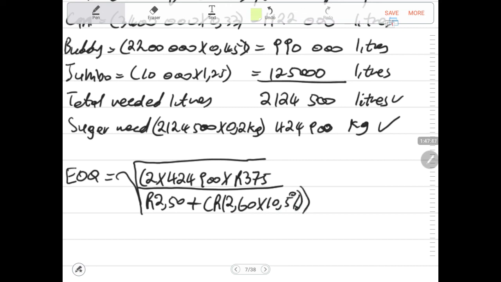Then we close the brackets twice. But let me erase the closing because our calculators are different. I'll still leave the ones that are necessary.